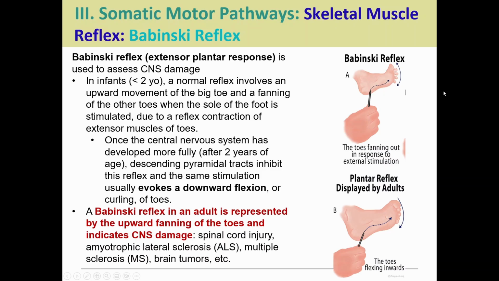Either they have an injury, maybe a brain tumor, MS, ALS, something in the central nervous system that has been damaged, allowing them to do this infancy-type response, or this reflex that only occurs in little babies.